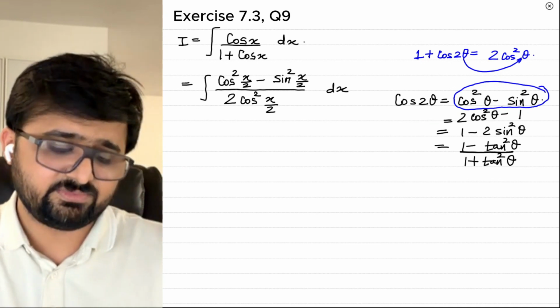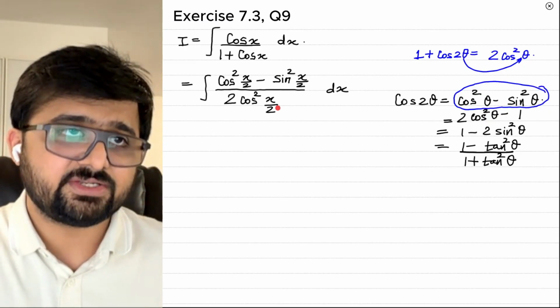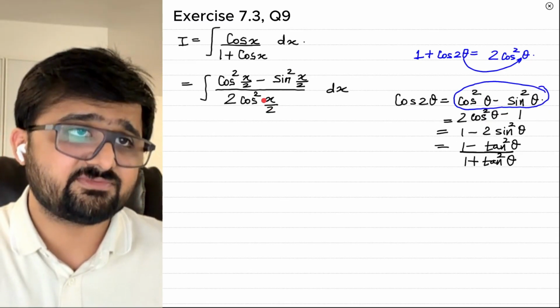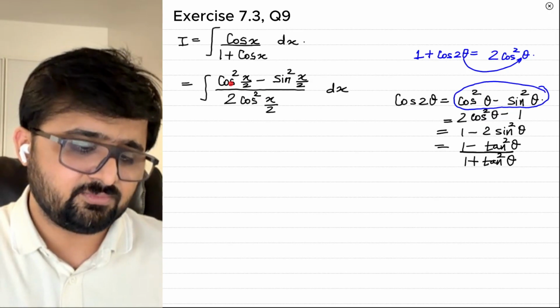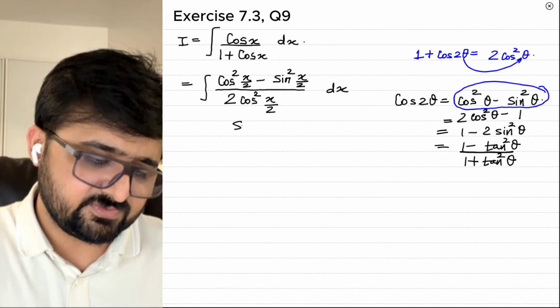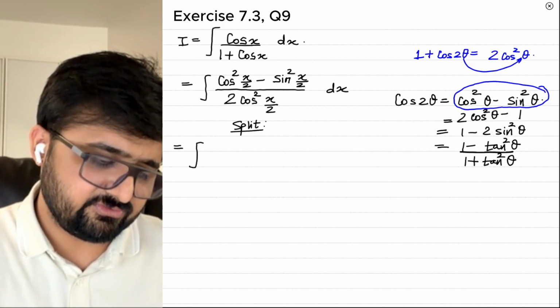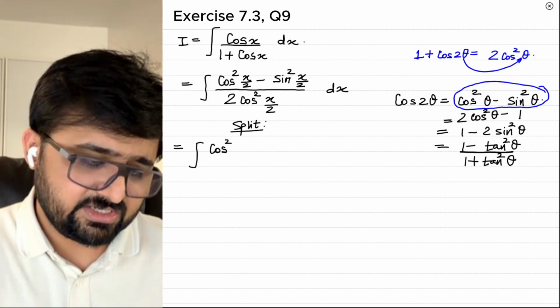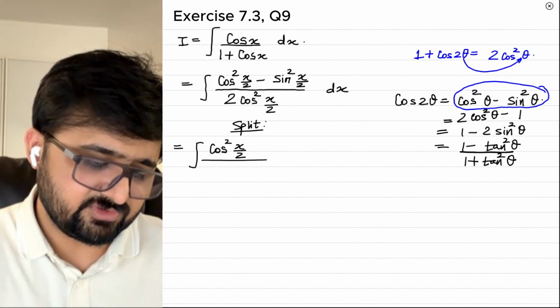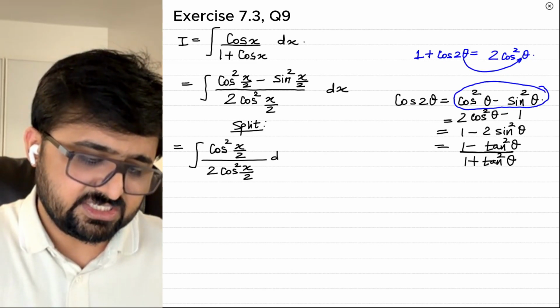All right, I hope that makes sense. Now it is very easy because all the angles are now x by 2. What you can do is simply split this numerator into both the terms. So we get integration of cos square x by 2 divided by 2 cos square x by 2 dx.